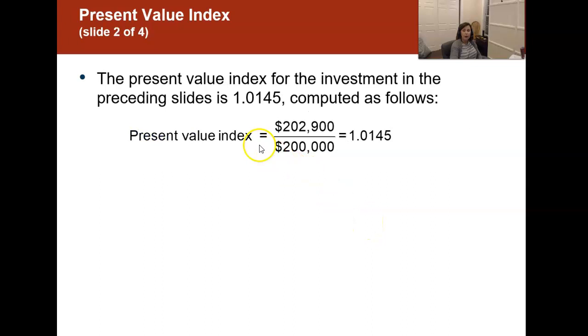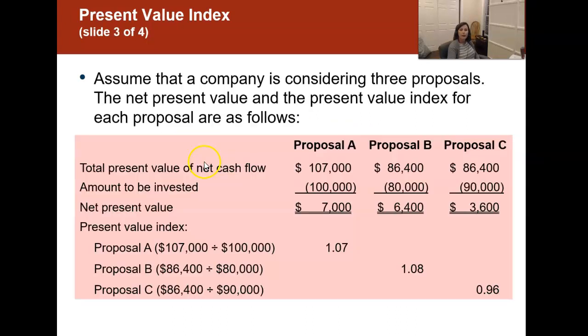So using our last example, the $202,900 was the total value of the cash flows, which included our investment, and then we divide that by the investment, and that gets us a present value index of 1.0145.